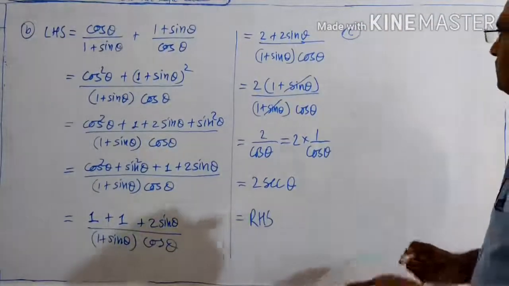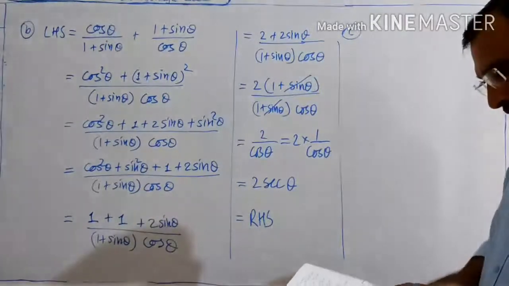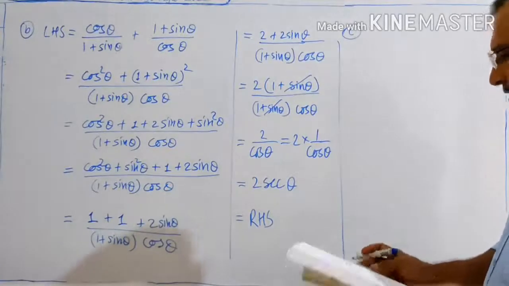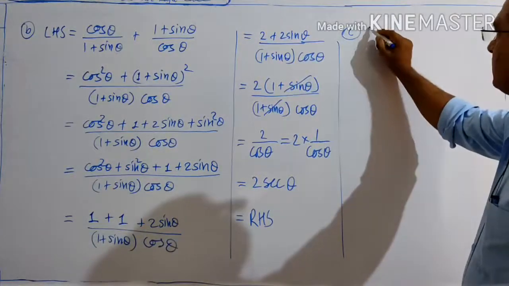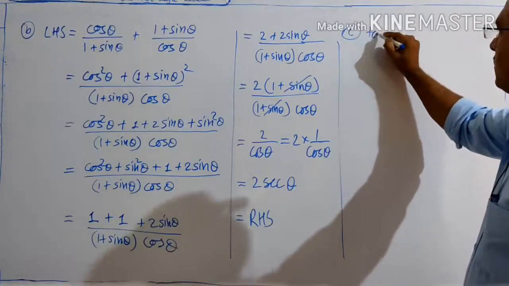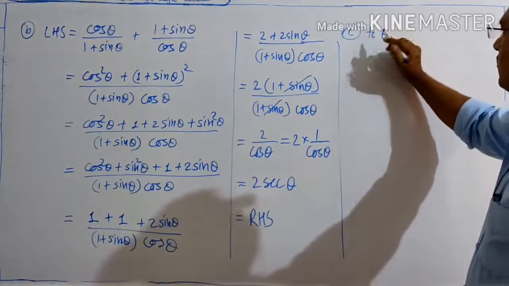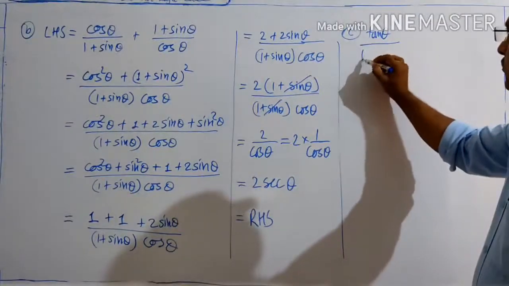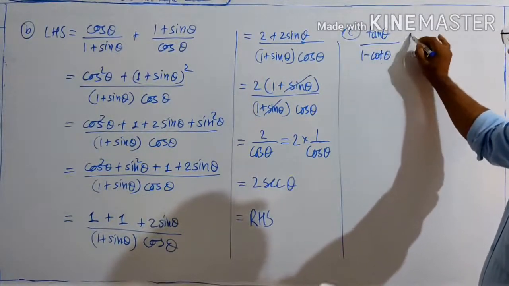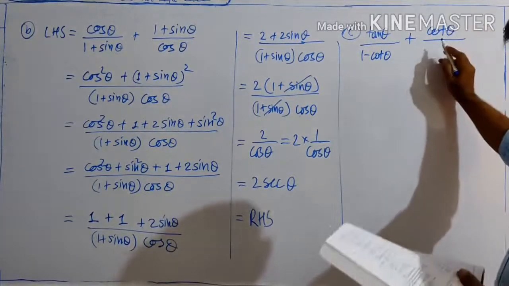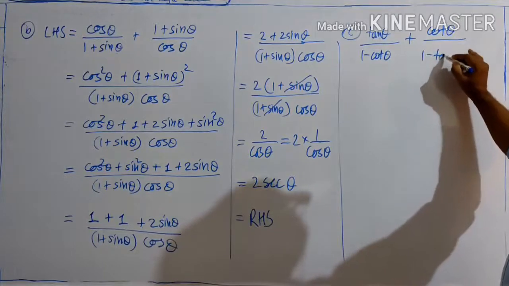that is, here the question is tan theta divided by 1 minus cot theta plus cot theta divided by 1 minus tan theta.